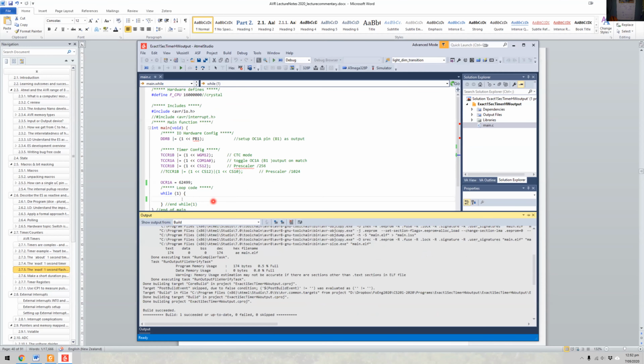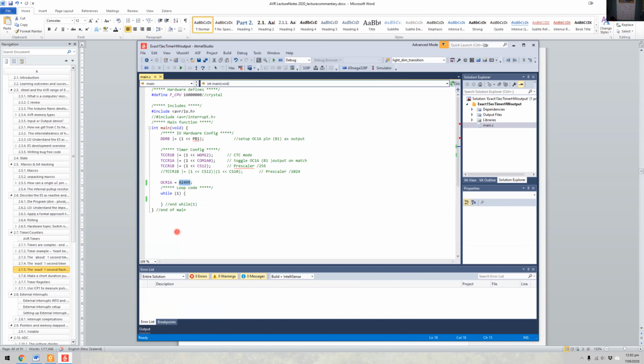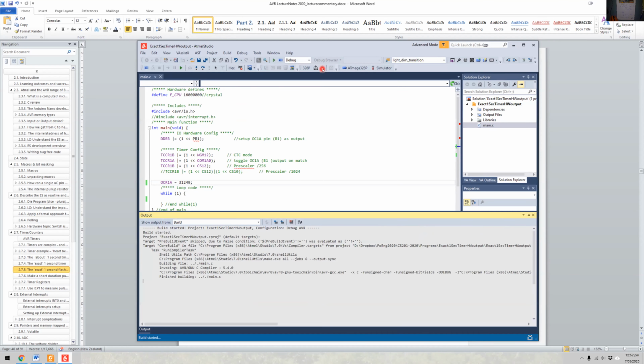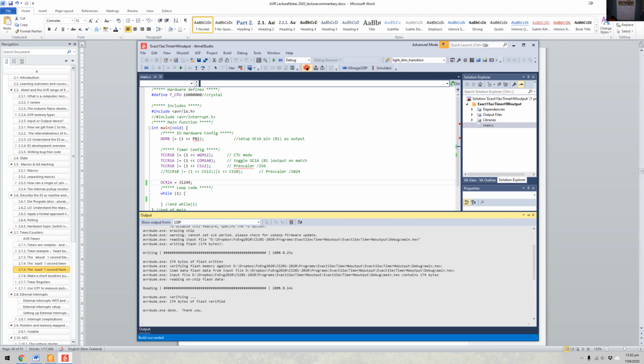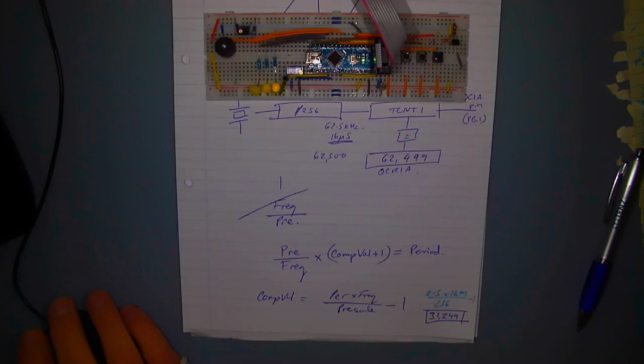So instead of using 62,499, I'm going to use 31,249, which makes sense because that's the relationship of divide by 2. Now I just compile that. You should be able to see the little image there, and I will upload that. There we go, and now it's flashing at half a second. I'll stop the share there so you can see what's going on.